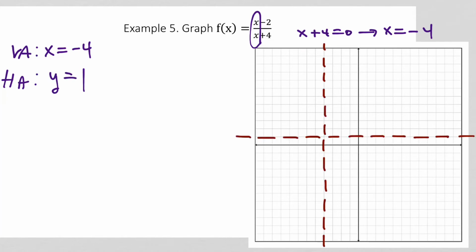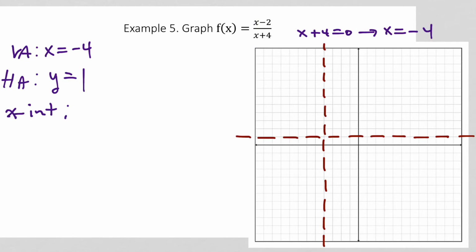So I drew in the vertical line for x is equal to -4 and the horizontal line for y is equal to 1. And as we mentioned, our asymptotes are drawn as dotted lines. Let me just add that it's a good idea to use a colored pencil or a highlighter to draw your asymptotes so you can see clearly where your graph lies and it's not hard to read your graph.